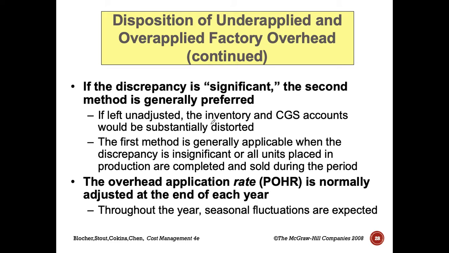Okay, this is related to the disposition of underapplied and overapplied factory overhead. If the discrepancy is significant, the second method is generally preferred. If left unadjusted, inventory and cost of goods sold accounts would be substantially distorted.